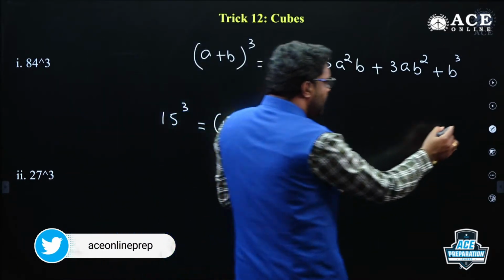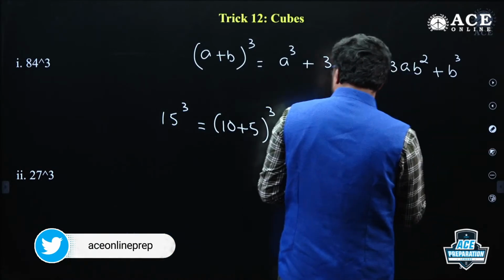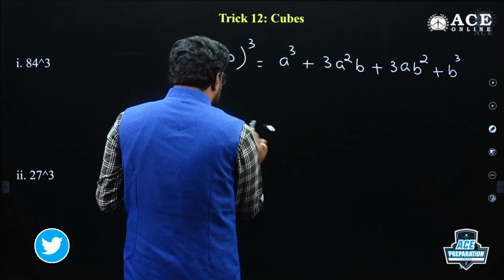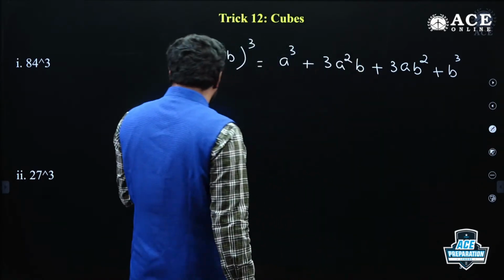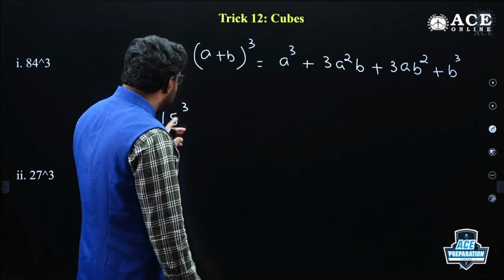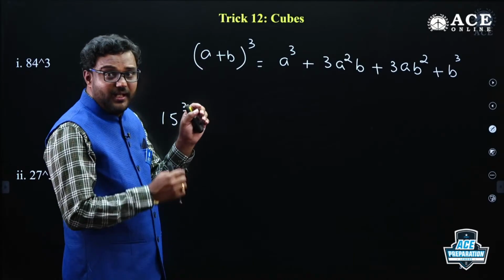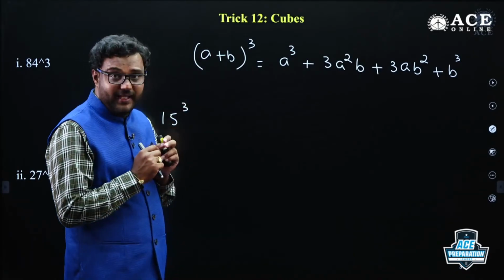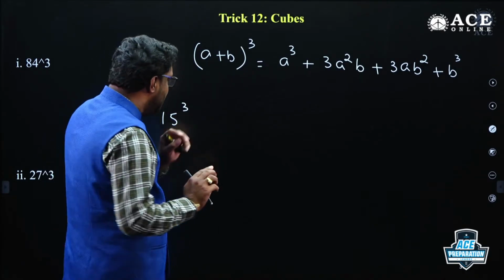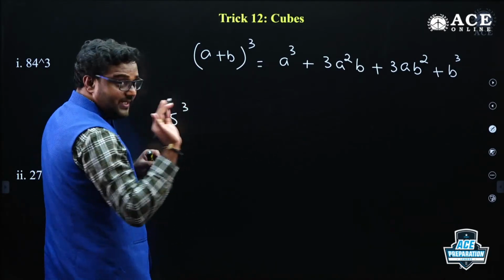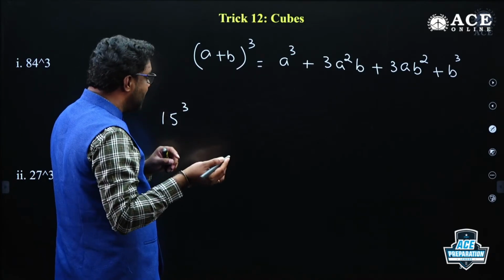See what we can do. There are n number of methods, my dear friends. Again, I mention to you, there are n number of methods. Don't confine yourself to only one. There are many methods to go ahead. For 15 cube, first we'll split it with a value 1 and b value 5. So this is 10 plus 5, 15, sir. We agree. But first take a as 1 and b as 5.